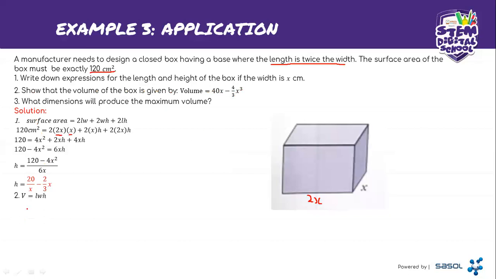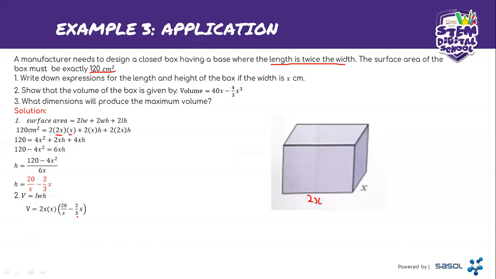So the formula for this box is volume equals length times width times height. We know the length is 2x, the width is x, and since we have determined the height in terms of x, where you see the height, we substitute with 20 over x minus 2 over 3x.